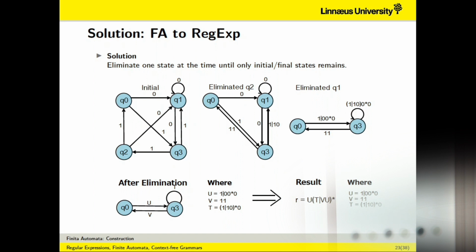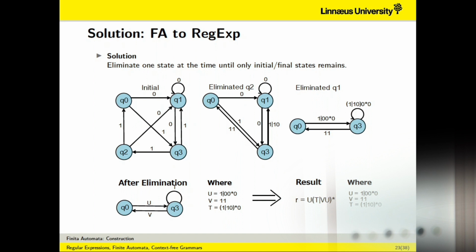Then I have different transitions going on, and we want to transform this finite automaton into something like a regular expression. The technique I am talking about is the state elimination technique. You can start by removing the states that we can remove in this case, which are Q2 and Q1, and you can start with removing any one of them.